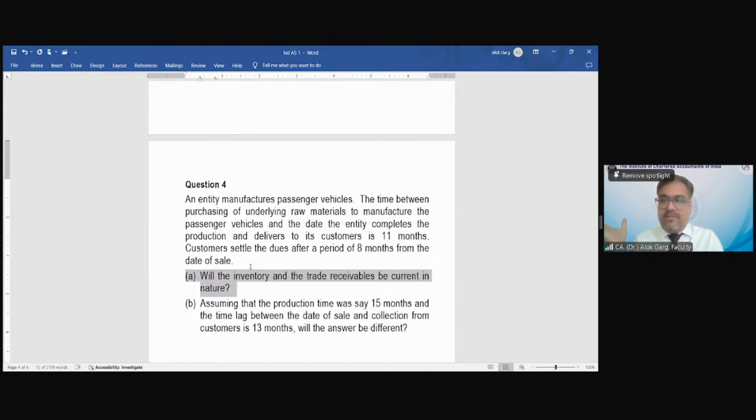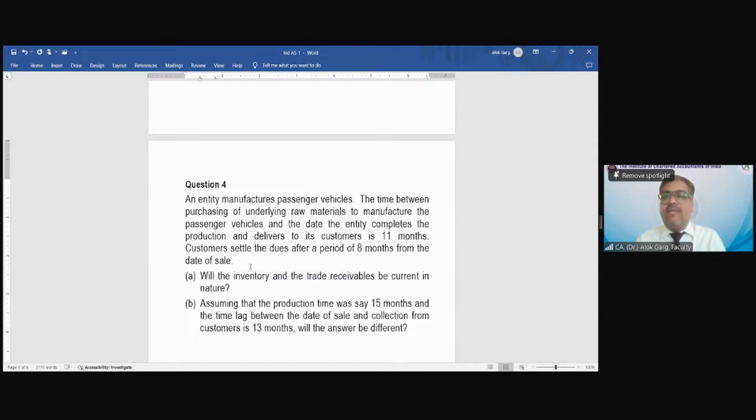Is 8 months within the operating cycle of 19 months? Yes. So this trade receivable has to be classified as a current asset. Inventory will be sold in 11 months and then money will be received in 8 months, so will this inventory also be qualified as current or non-current? Current. It is classified as current.